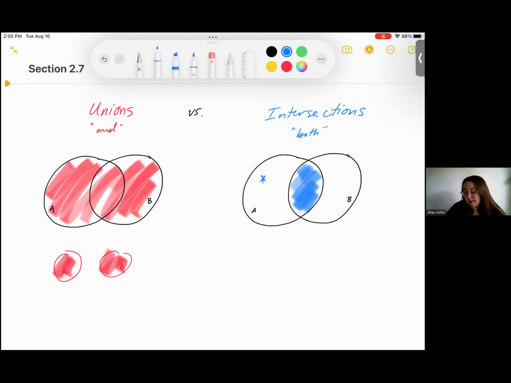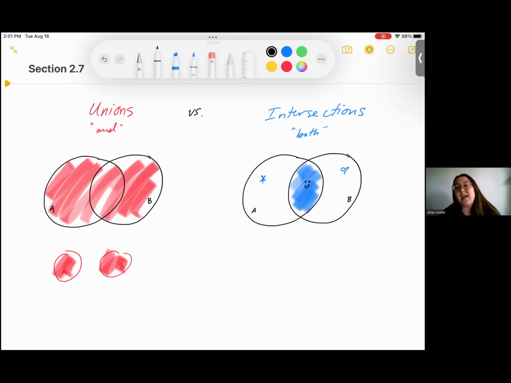And let's say domain B has heart, and let's say domain A does not have a heart. It is not included in the new domain because it is not in both. But let's say smiley face. You can barely see that. Let's do it. There we go, smiley face.